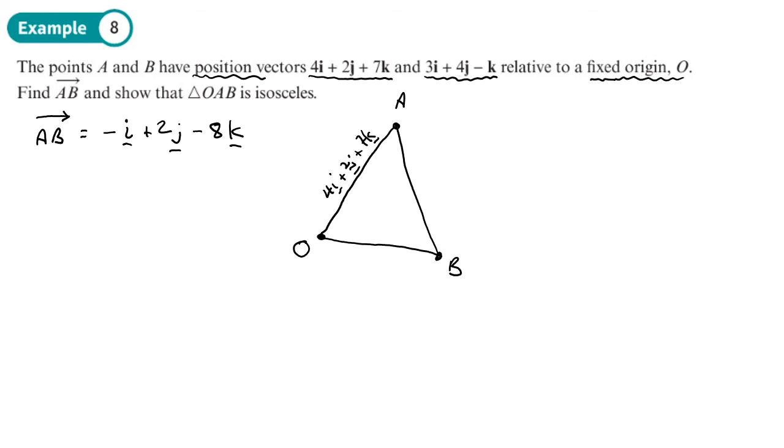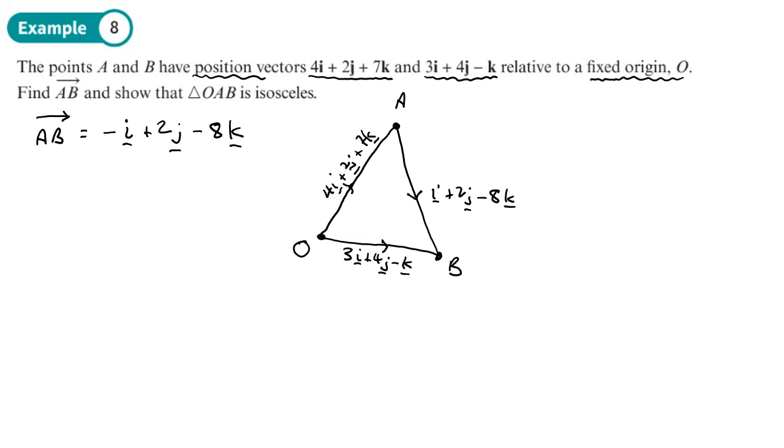The vector that goes from O to B is 3i plus 4j minus k. And the vector that takes me from A to B, so it's actually going that way, these ones go that way, we've worked out as negative i plus 2j minus 8k.